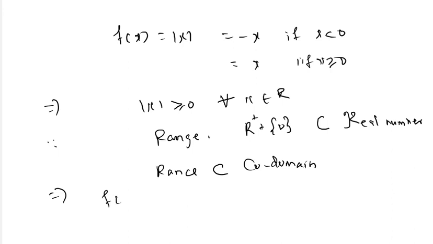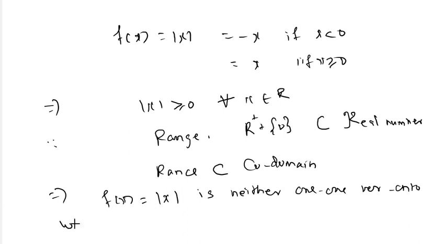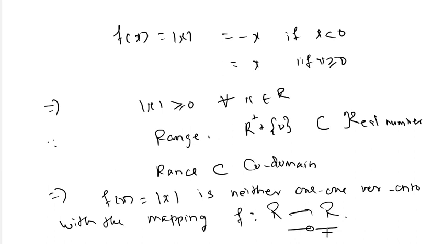Now we can conclude the function f of x, that is the absolute value function with origin 0, is neither 1 to 1 nor onto, with the mapping from real numbers into real numbers. Because the codomain is the entire real numbers, the range is a subset of the codomain.